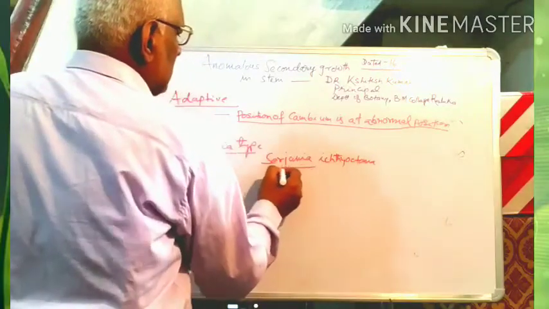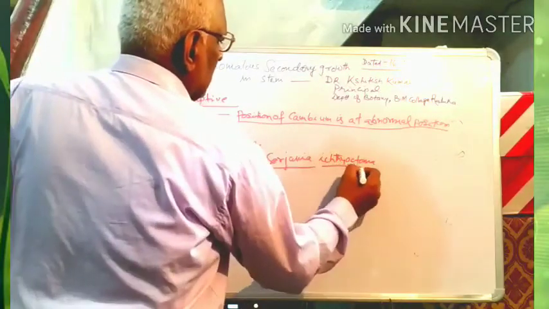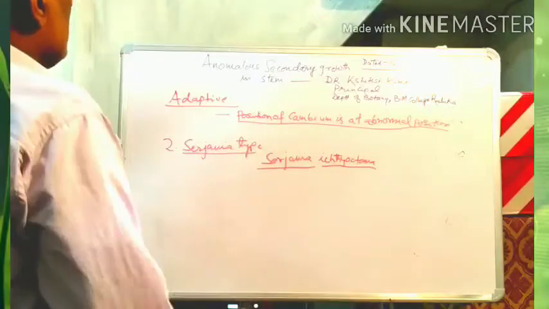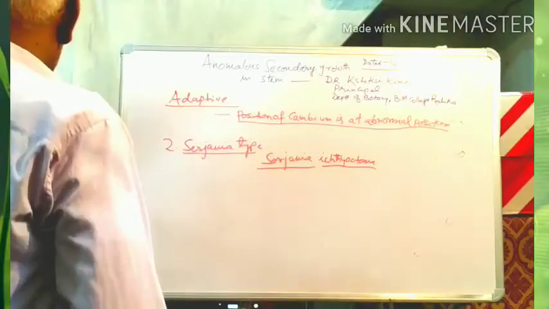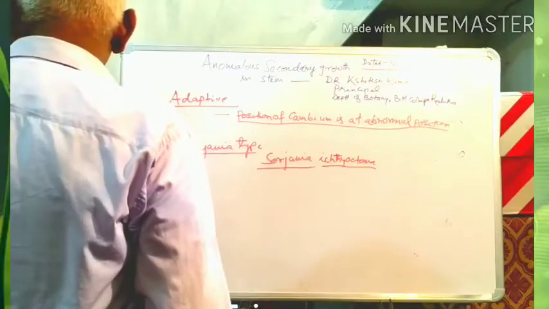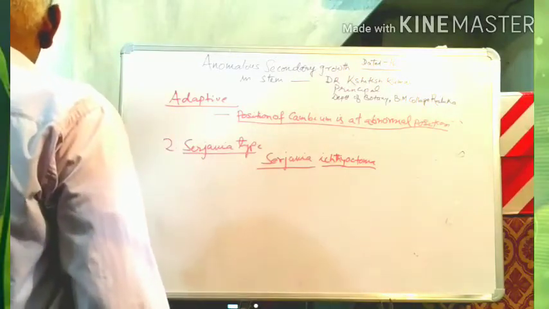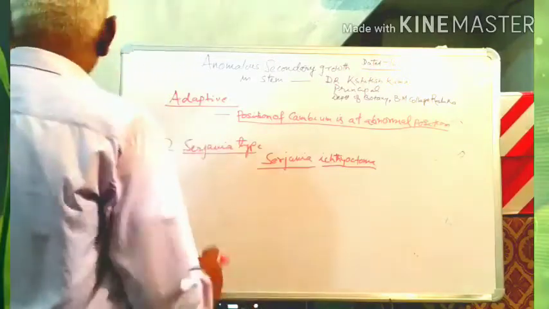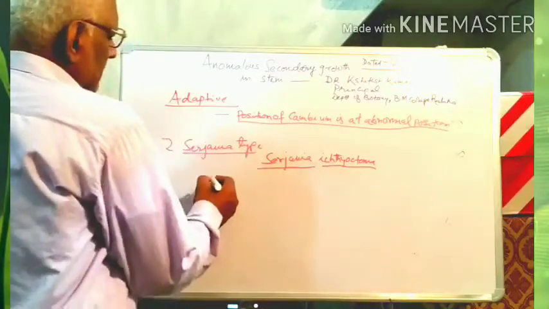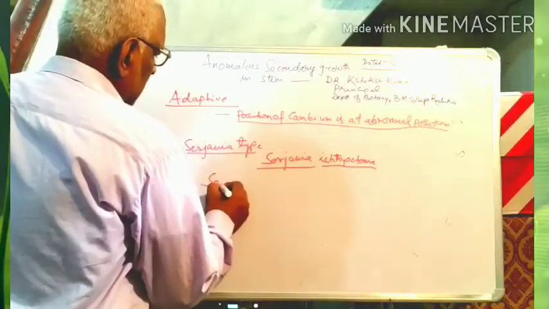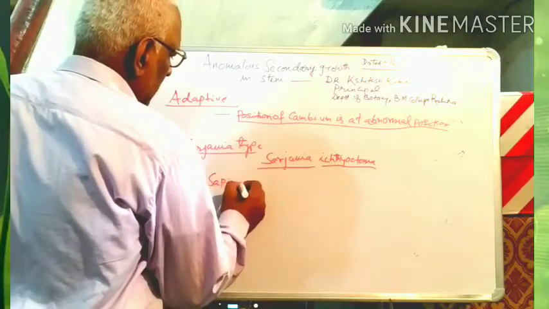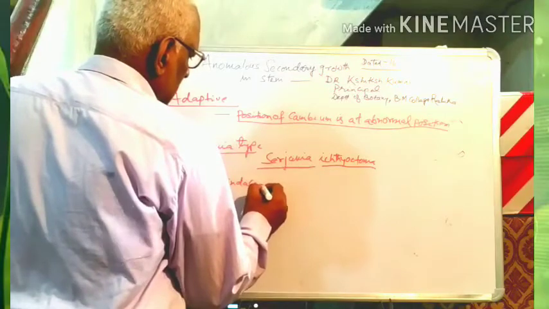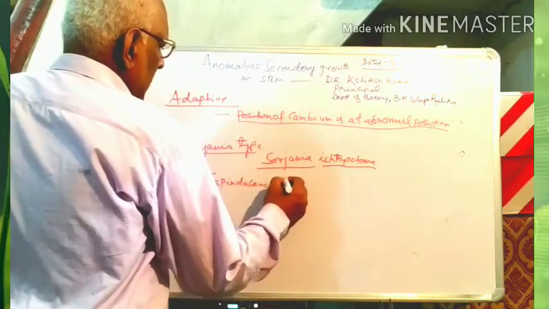This is the species, and Serjania is the genus. Serjania isthyoctoma is a plant of the Sapindaceae family.